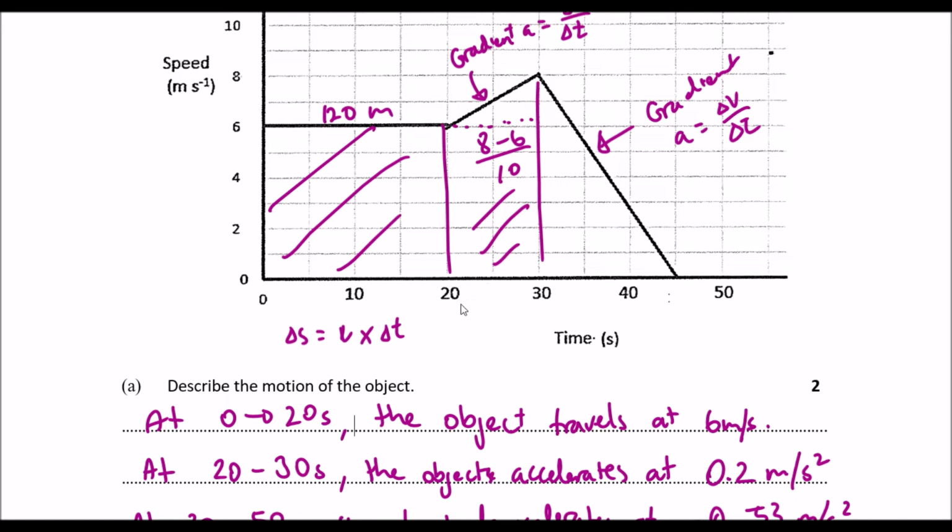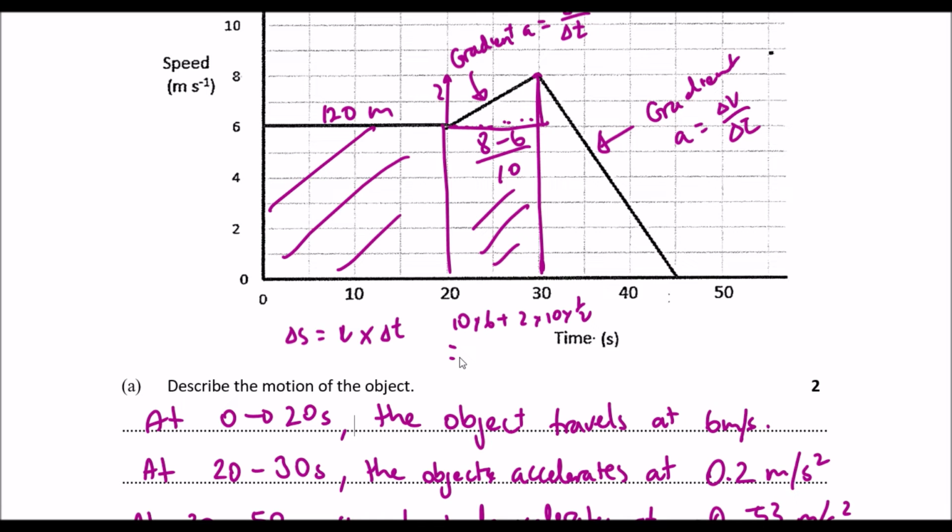And then we can calculate this part here. So in 10 seconds, we can try and break this up into calculating the area of this particular shape here. So it'd be 10 times 6 plus, in this case here, 2 in the height, so 2 times 10 times a half, because we have a triangle here.